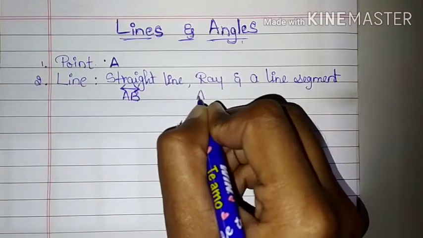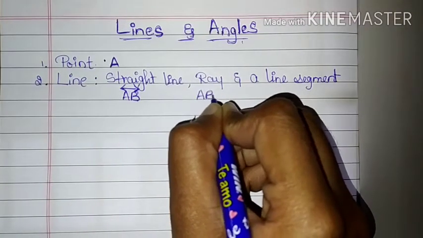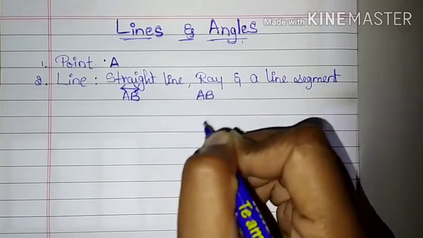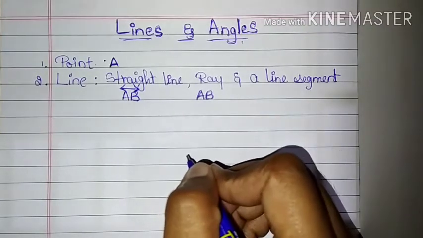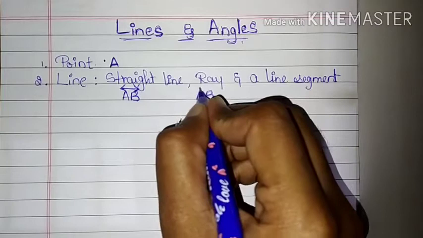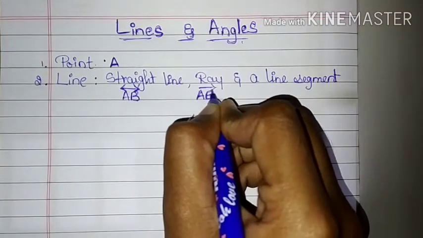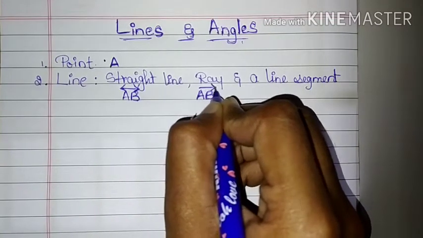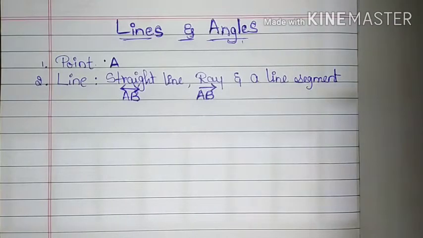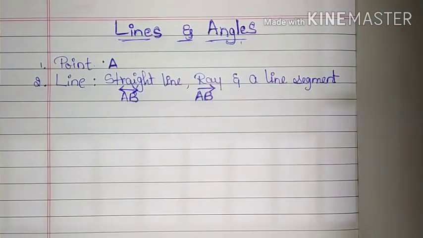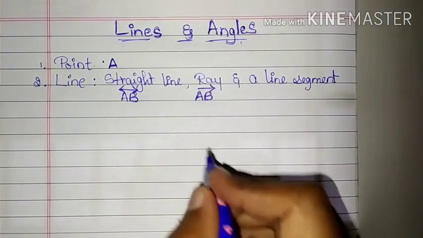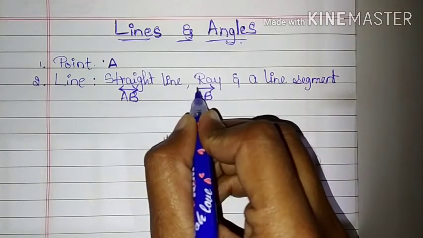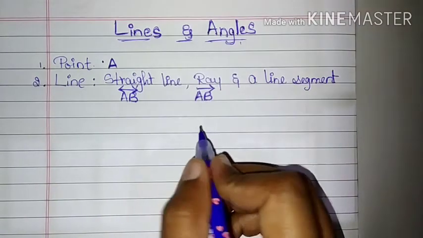Similarly, if it was ray AB, rays have one end point and they can be extended in the other direction. So whenever we represent a ray, the bar on top of the letters always has an arrow at one of its ends, whereas the other end does not have the arrow. It shows the end point which is present in the ray.